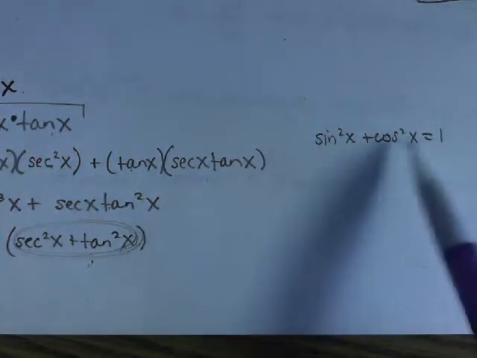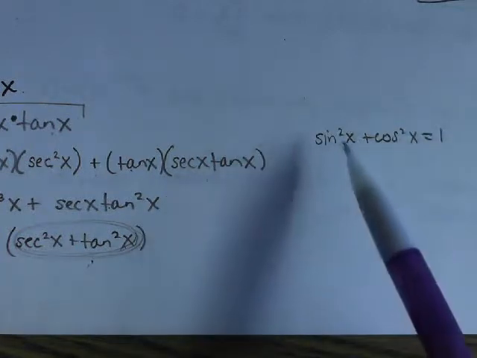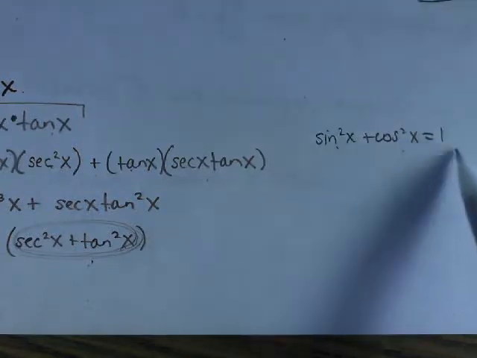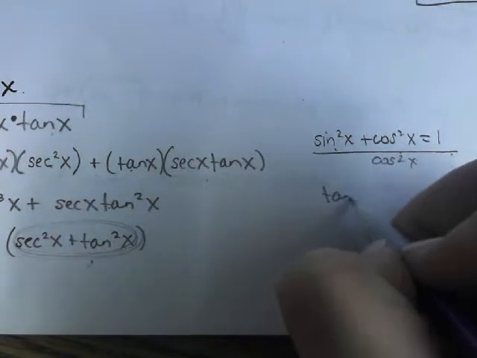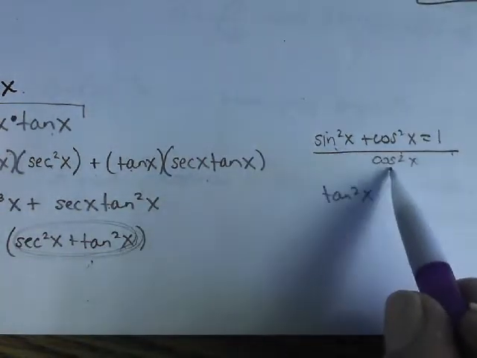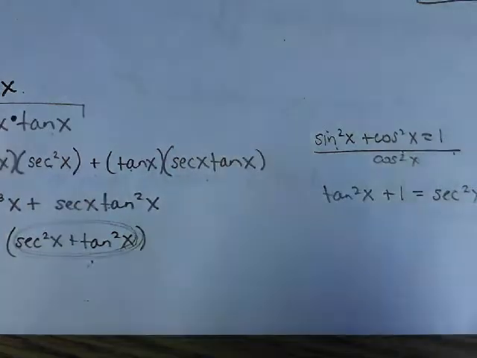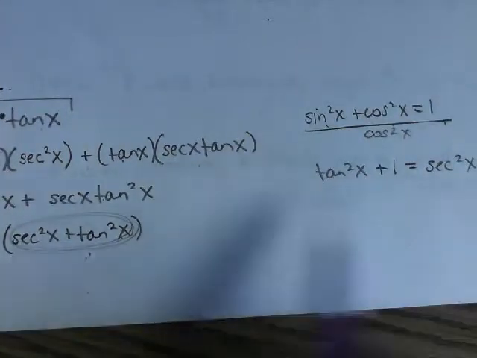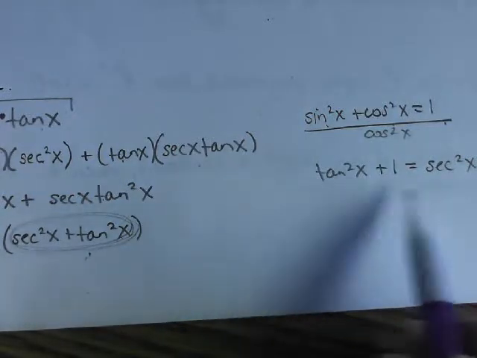So if I want a tangent squared, I would divide everything by cosine squared, which will give me tangent squared x plus 1 equals secant squared x. So there is a relationship between secant squared and tangent squared. It's just when you add the two of them together, it's not like you get 1 or negative 1.